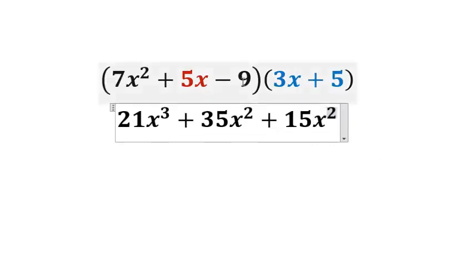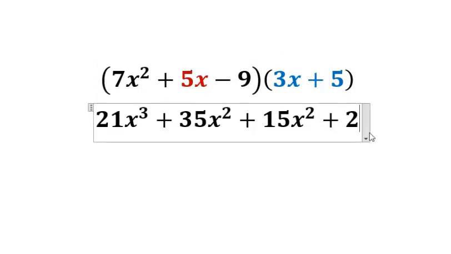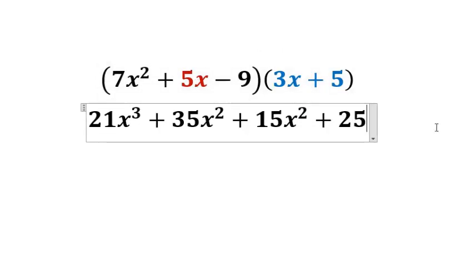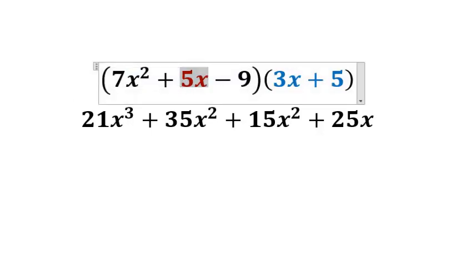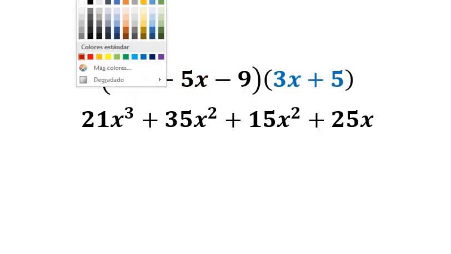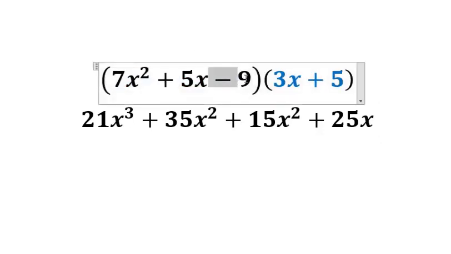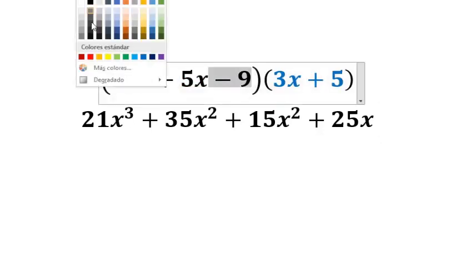And now with the other one, 5x times 5. 5 times 5 is positive 25, and the x I copy. Now I'm done with the 5x because there are no more numbers to multiply with. You cannot multiply with minus 9 because they are in the same parentheses, so you're not going to do that. Okay, so I'm done with 5x.